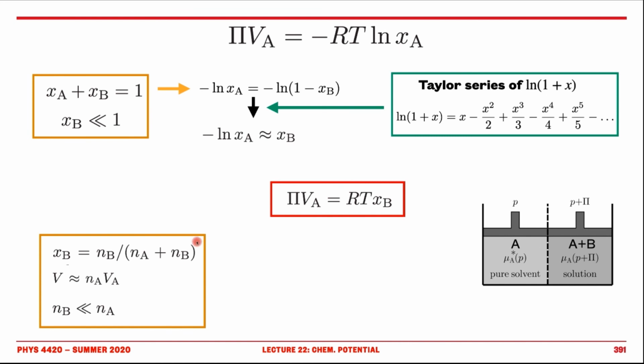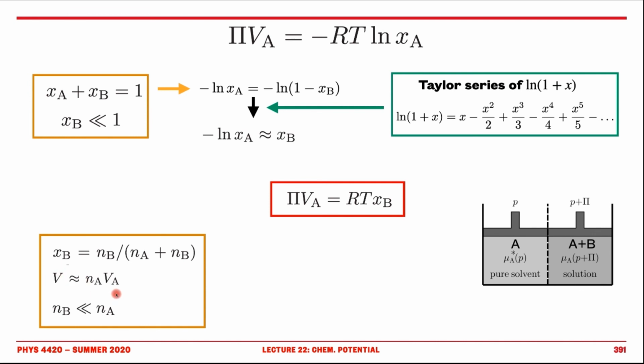Now, I remember also that the fraction XB is the density of B molecules over the entire density of molecules. I also know that the total volume here is essentially the density of A times VA. It's not exactly the same because, of course, this is an approximation here.